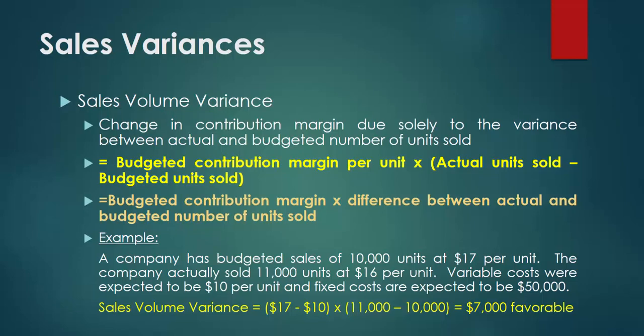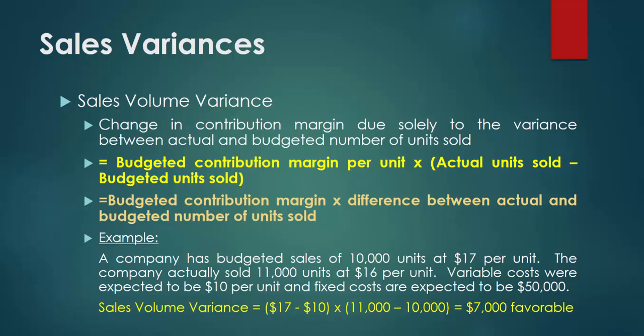And so the formula here is budgeted contribution margin per unit times the actual number of units sold minus the budgeted number of units sold. Another little simpler way to think of this is the budgeted contribution margin times the difference between the actual and budgeted number of units sold. And remember, actual always subtracts budgeted.